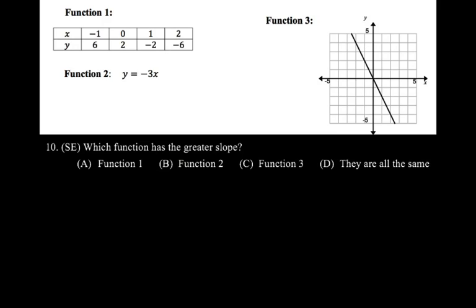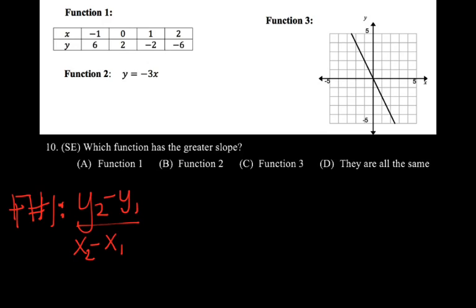Number 10, which function has a greater slope? Okay, so we can find the slope from any of the methods that you see here. So for function 1, let me get my red back since that's what I did on the last one. So function number 1, I'm going to take 2 points. I'm going to do my slope formula, y2 minus y1 over x2 minus x1.